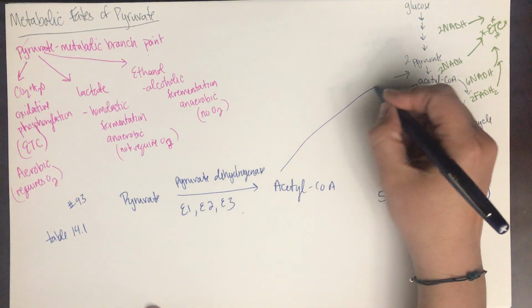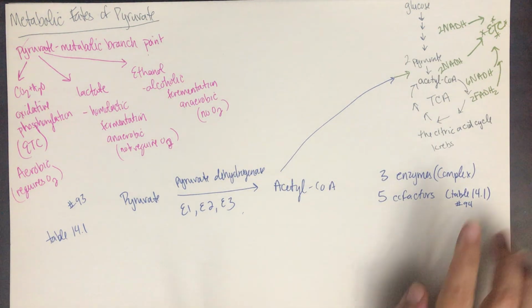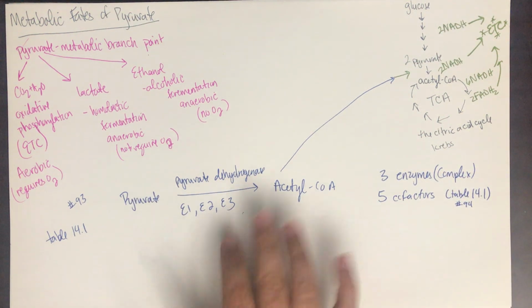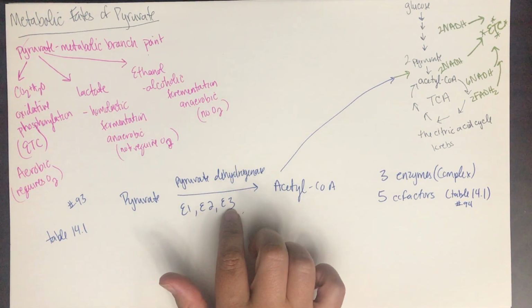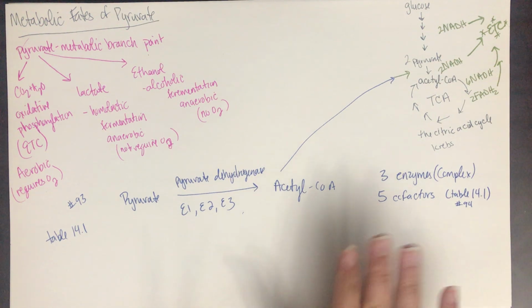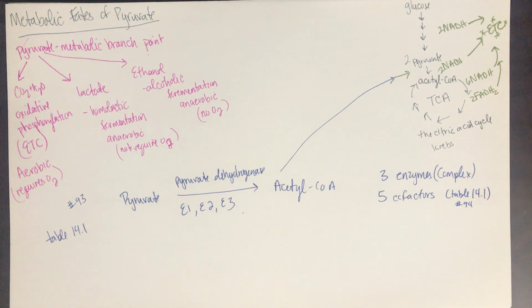So this step right here is facilitating this reaction. So take a look at the slides. It's slide number 93. I used a few different textbooks just to show different images of these 3 enzymes and of these 5 cofactors and how this is catalyzing the reaction of pyruvate to acetyl-CoA.